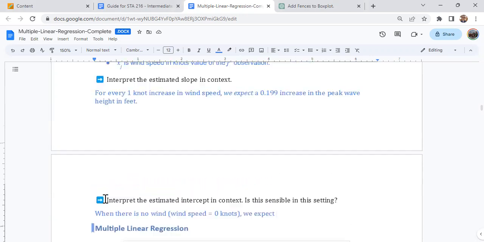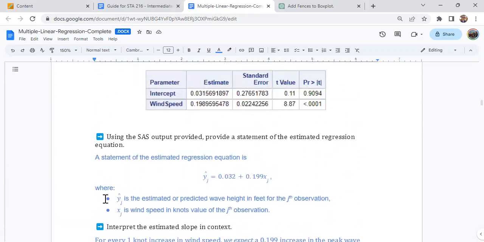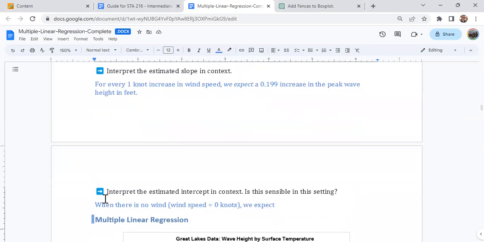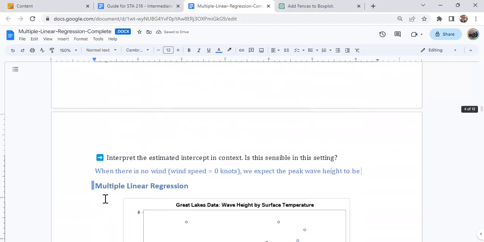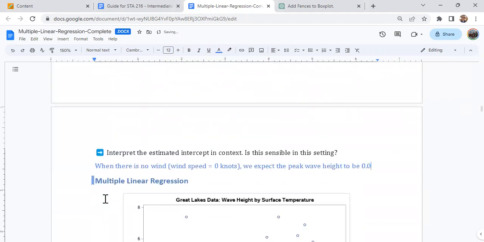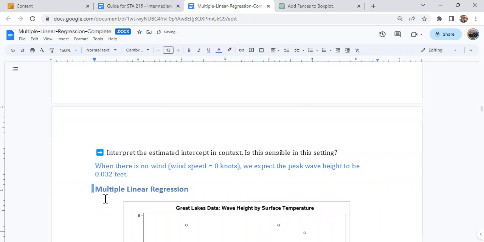We expect the peak wave height to be 0.032 feet. Important to include those units of measurement, right?